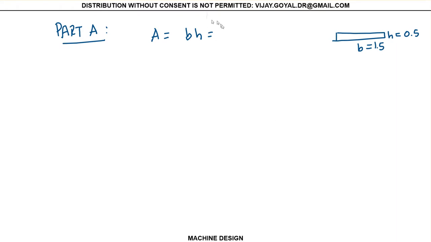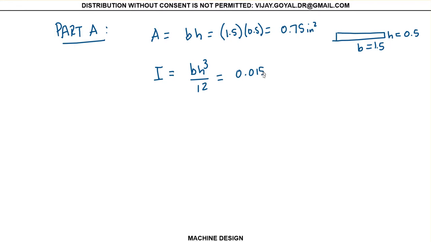Okay, so in this problem, this is 1.5 times 0.5, and that gives you 0.75 inches squared. Your moment of inertia is bh cubed over 12. You substitute the values, and this is the value of the moment of inertia, in inches to the fourth power.